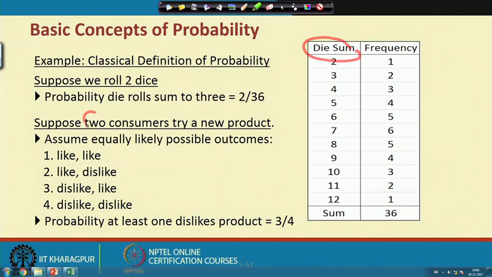Here is another example. Let us assume there are two consumers and they consume two products. There is a high chance that a particular person likes both, or likes one and dislikes the other, or dislikes the first and likes the second, and there is a chance the person may dislike both.